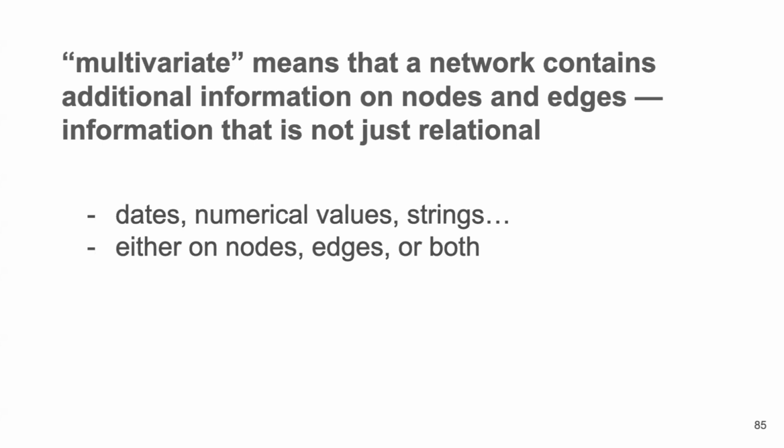Imagine that your nodes have categories, your nodes have dates associated to them. It's just additional data that is not just relationships. It's not just this is connected to that. Even this edge has a direction, which could be considered additional information.